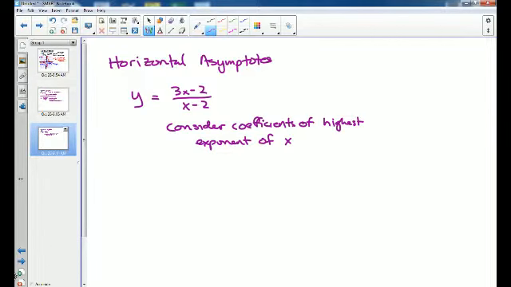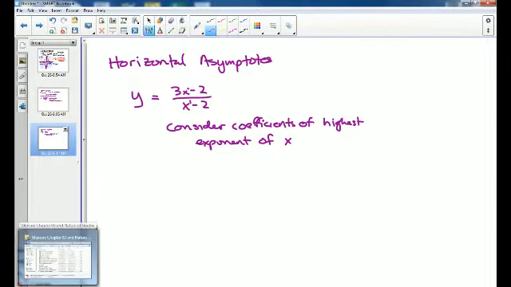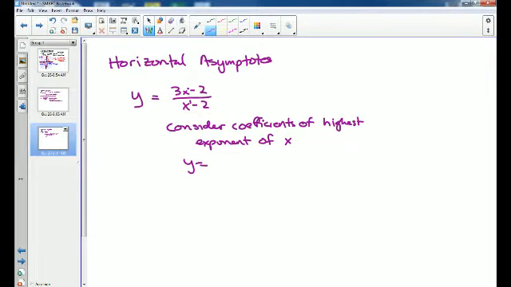Now it's very mathy, right? What's the highest exponent of x, top and bottom? 1, right? So x to the first and x to the first. Right? What are the coefficients? 3, 4.